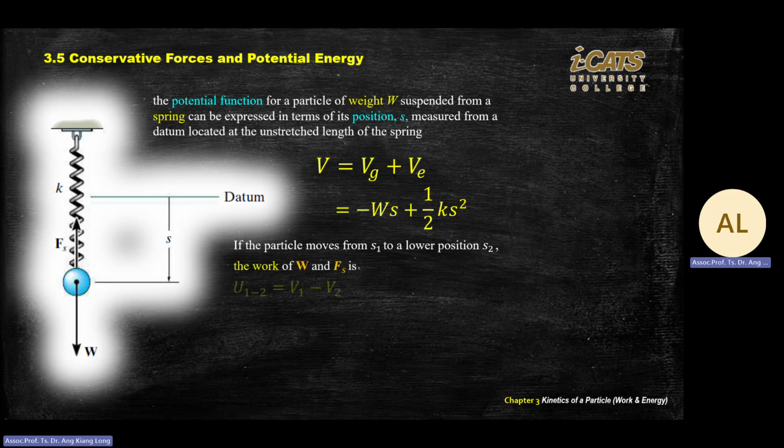So if the particle moves from S1 to a lower position of S2, it means it goes down. The work done by the weight and the spring force, you need to put into this equation is the work before minus work after. So you put in the equation U12 equal to V1 minus V2.